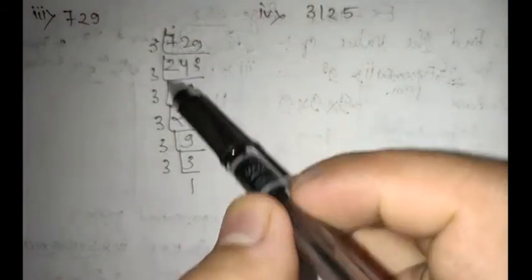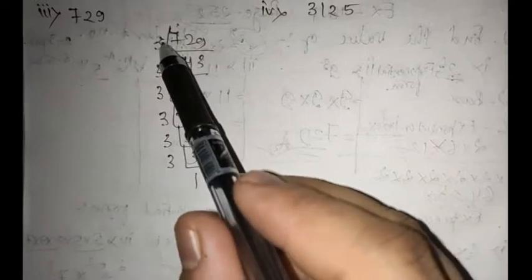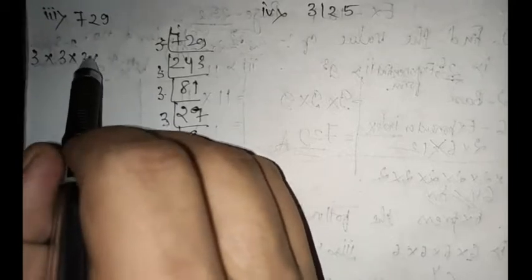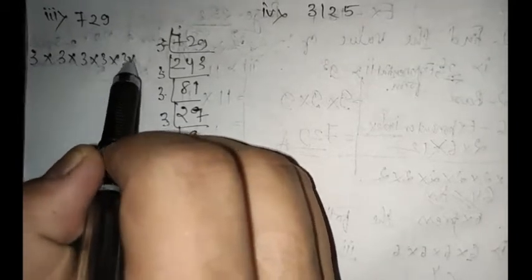I hope you have got the form of how to take the LCM. Now just count how many 3s are there. 1, 2, 3, 4, 5, 6, right?